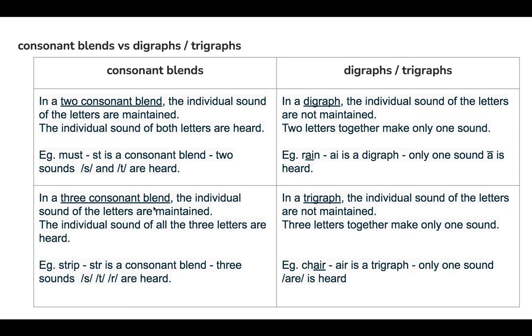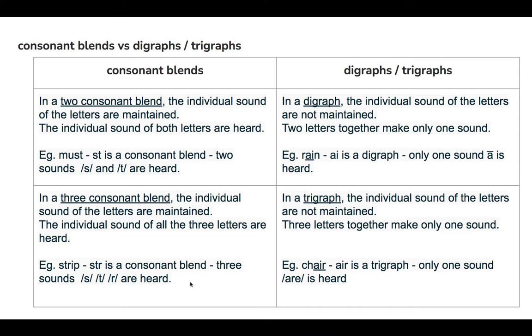In a three-consonant blend, the individual sounds of the letters are maintained, whereas in a trigraph, the individual sounds of the letters are not maintained. Here, the individual sounds of all three letters are heard. For example, strip, str is a consonant blend.